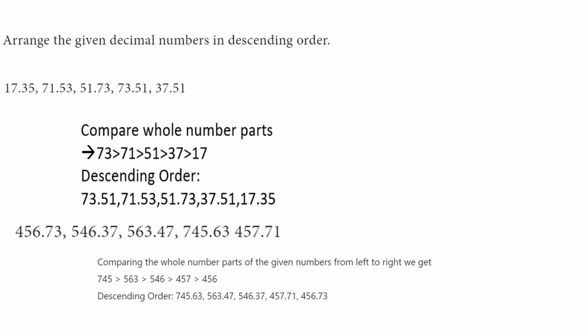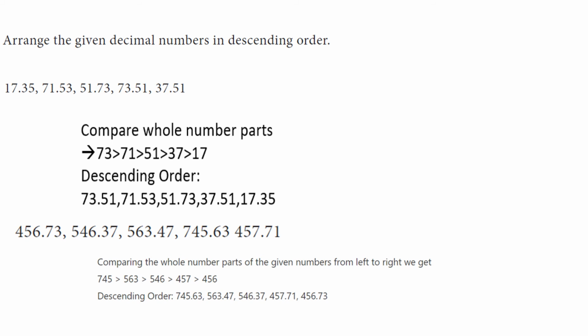So you directly write it as descending order: 73.51, 71.53, 51.73, 37.51, 17.35. So no need to check the decimal part. Here the whole number parts are different. Next question.